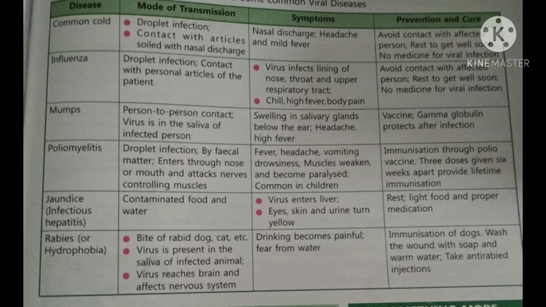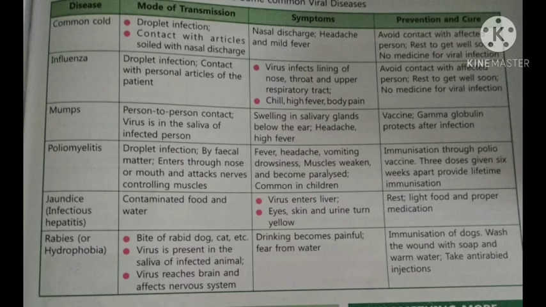Next is poliomyelitis. It is transmitted through droplet infection or by fecal matter, which enters through the nose or mouth, and it basically attacks the nerves which control the muscles. Due to this, we get fever, headache, vomiting, drowsiness, muscle weakness, and sometimes it causes paralysis, which is generally common in children. For prevention, we have the polio vaccine.